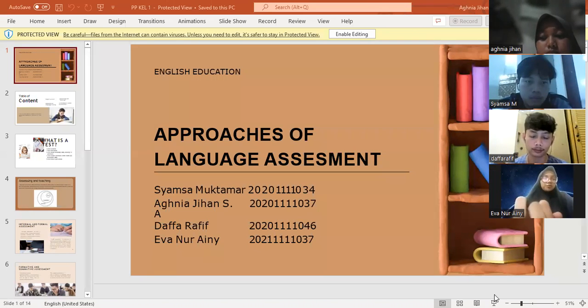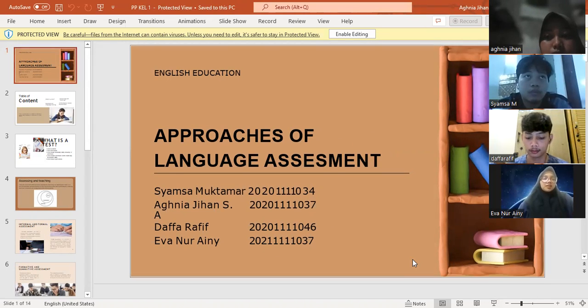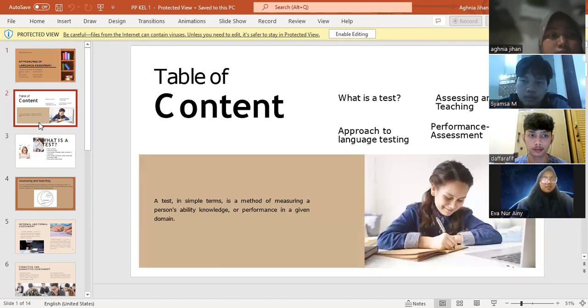Our group is conducted with Aghnia, Syamsa, Aghnia, Daffa, and me as a moderator. For the first slide, next slide. This one, we will talk about in this discussion, the table of contents.